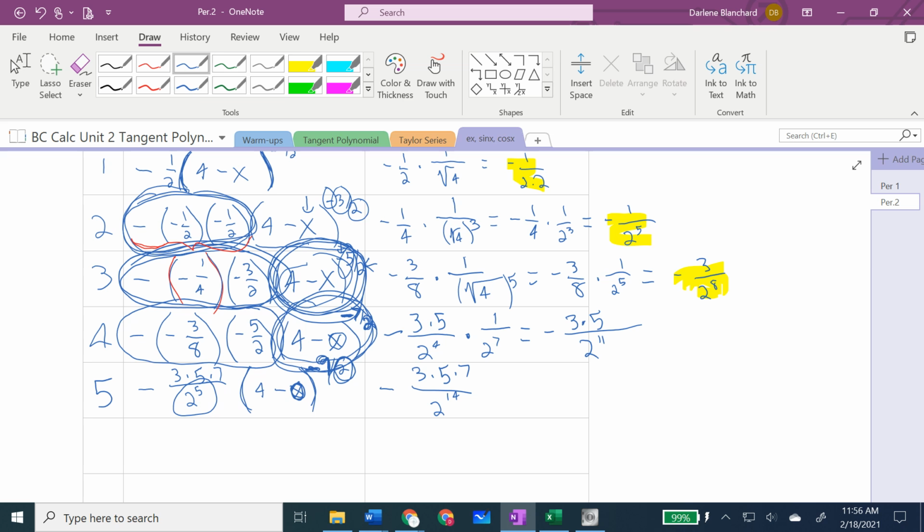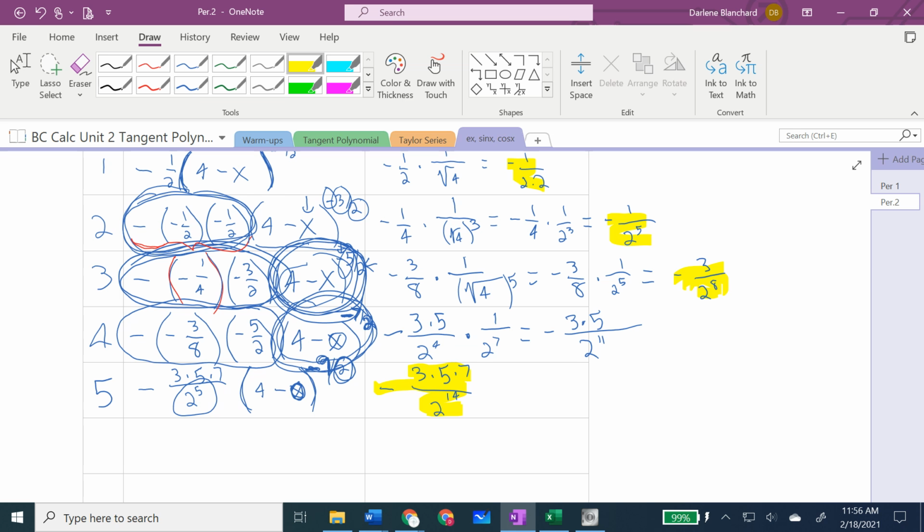Now, once you think you've gotten a hold of the pattern, then it's time to make a formula. And I want you to know that the coming up with the formula part, when it comes to testing, you're only going to see things that you have already seen. And it's not going to be the hardest ones possible out there.